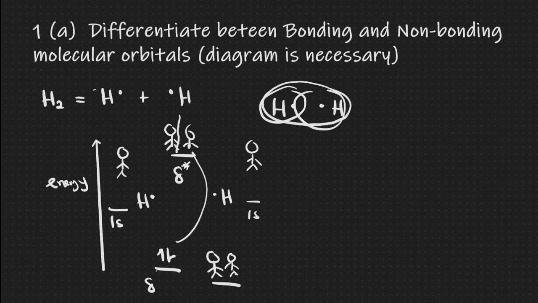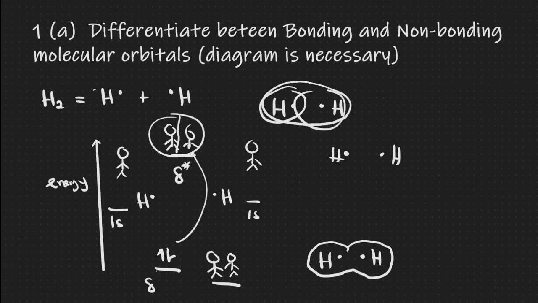Whenever they form a bonding, remember we said that the hydrogen orbitals will overlap, and they form a bigger orbital. But whenever they have higher energy, what do you think will happen? This is one of the hydrogens and this is the other. Remember that these ones have a barrier, a node.